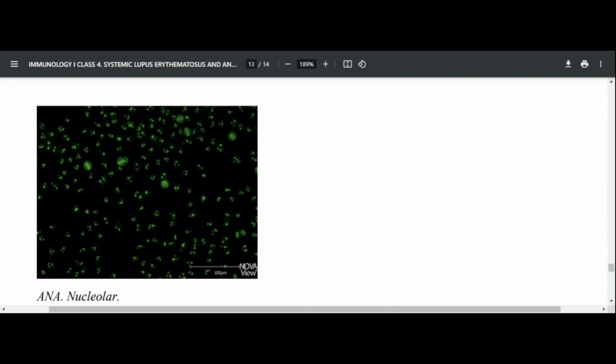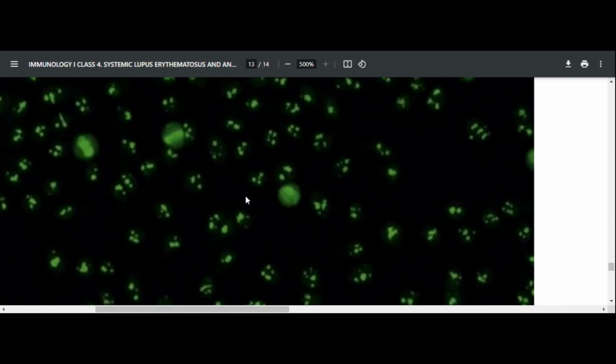It is not the same as speckled, because speckled stains almost the entire nucleus with a grainy appearance. In the nucleolar pattern you see only small dots, like one dot per nucleus, or even two dots per nucleus.